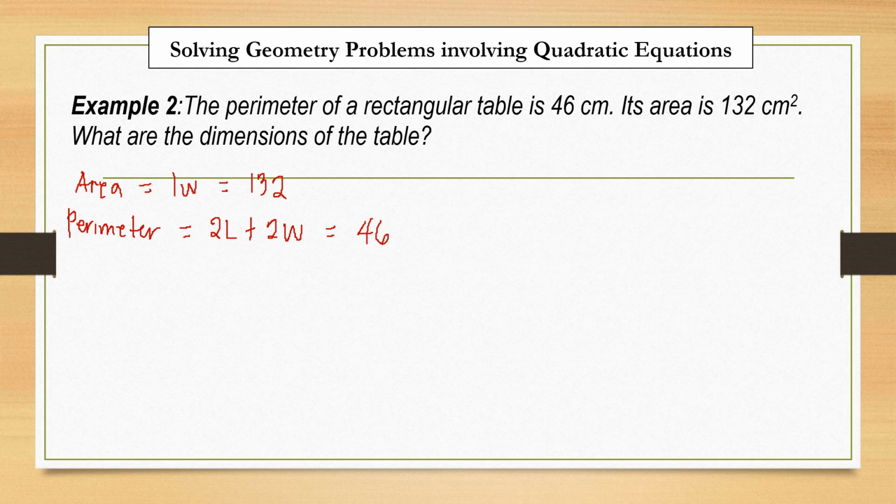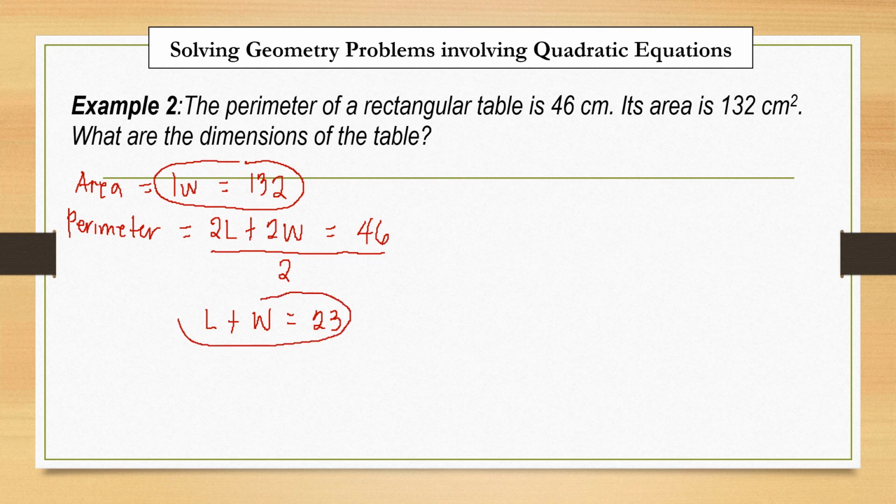Now, if we divide this entire equation by 2, it will give us length plus width is equal to 23. This now represents the sum and the product of the roots of a quadratic equation. So this represents the product of roots. This represents the sum of roots.